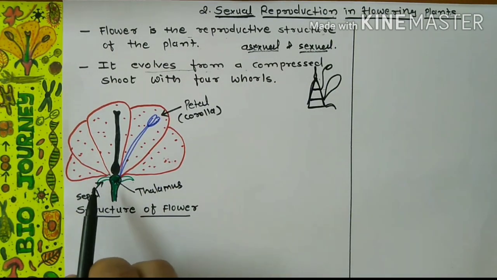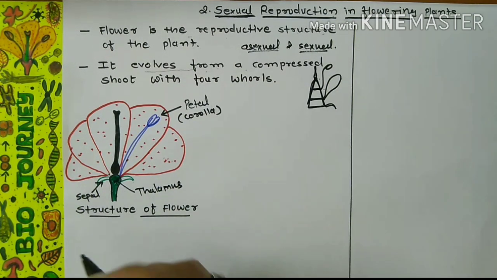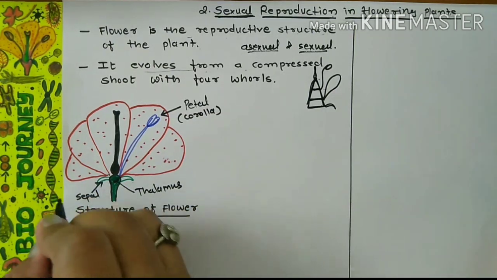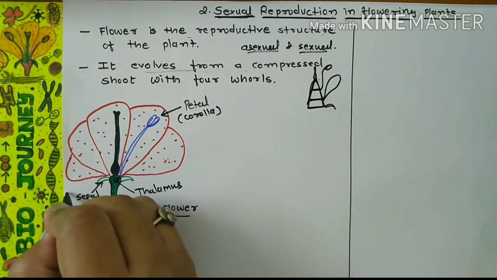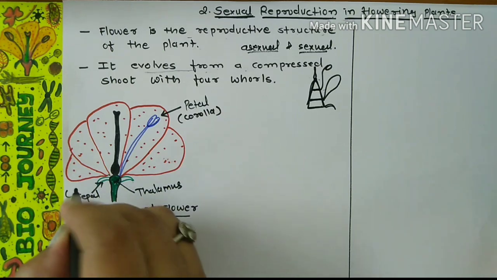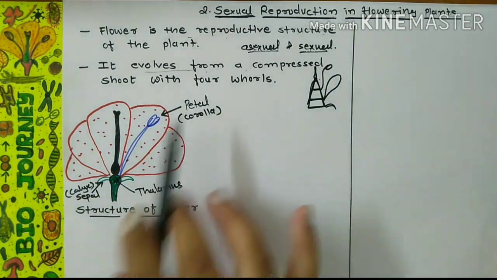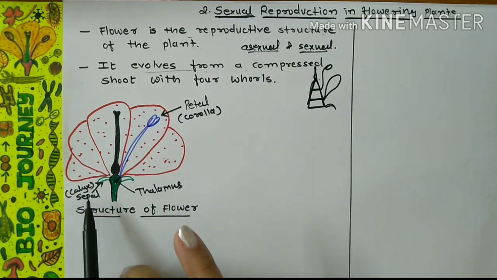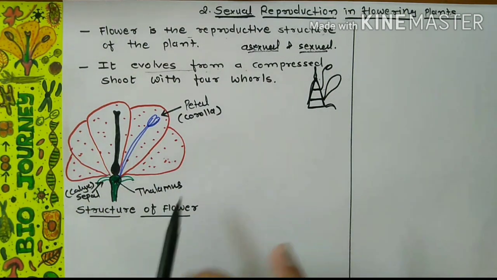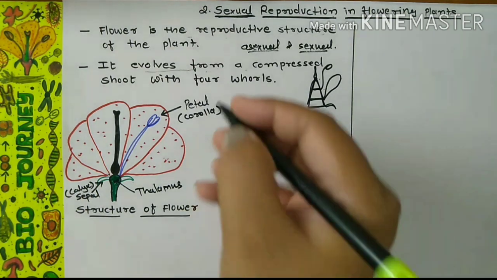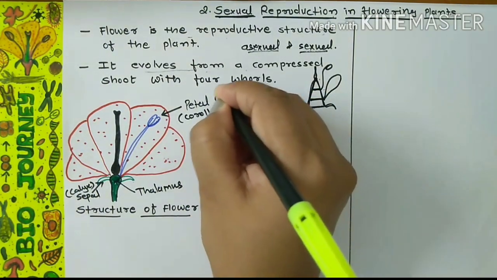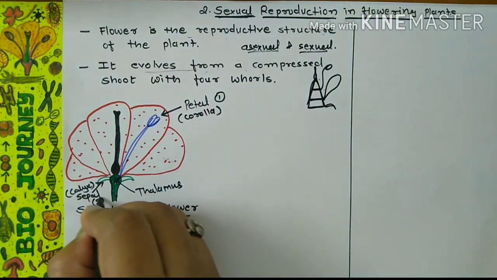Many sepals are arranged in a circular manner and altogether make one roll known as the calyx. So these two outermost rolls are present in this bisexual flower: number 1 and number 2.